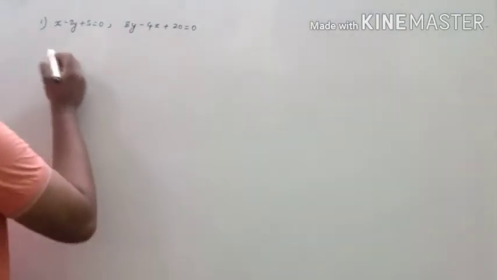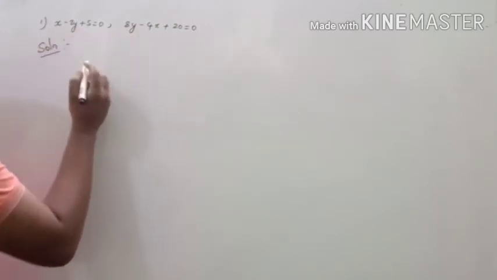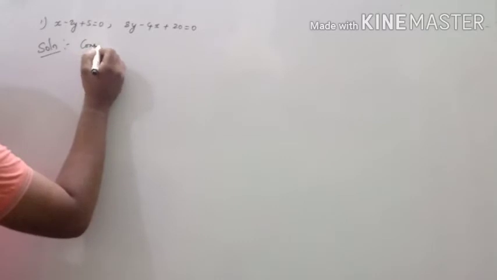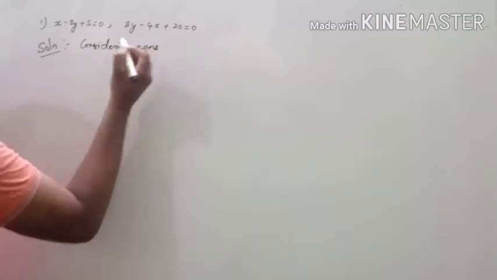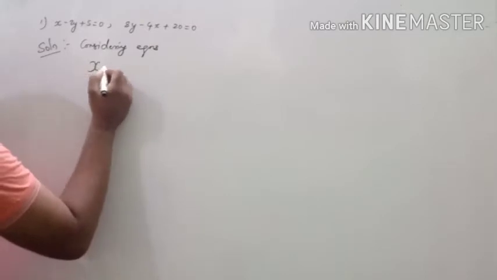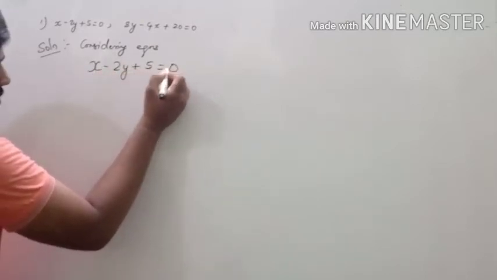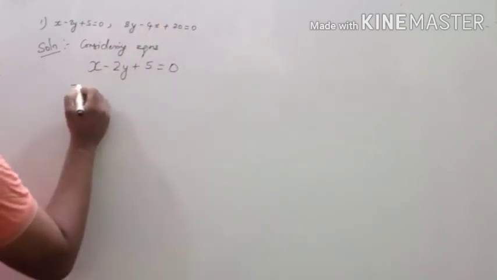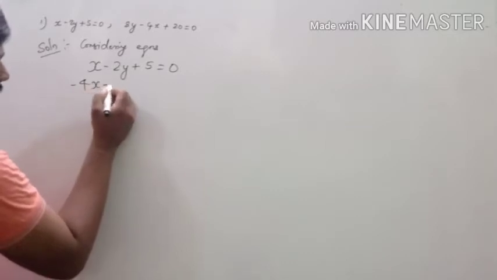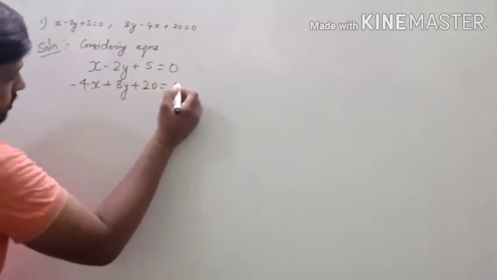Now, for the first solution we are going to consider these two equations. So considering the equations, we have x minus 2y plus 5 is equal to 0, and I am going to arrange this as minus 4x plus 8y plus 20 is equal to 0.